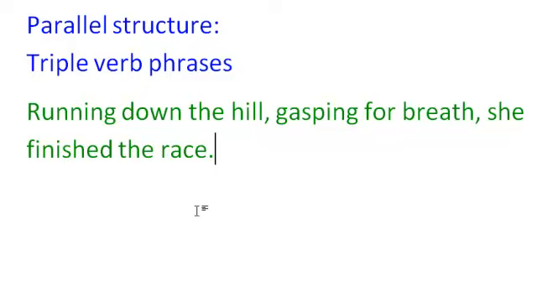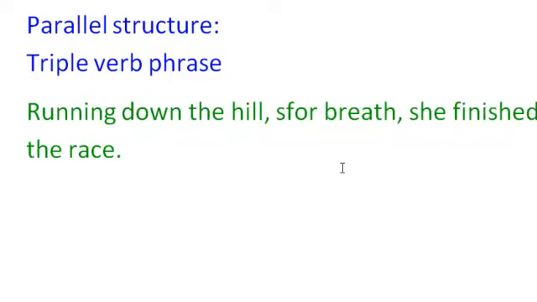Here's our last one that we're going to learn today. This is a form of parallel structure, although there are other ways to use parallel structure. It's called the triple verb phrase. Running down the hill, gasping for breath, she finished the race. So you can see that this verb is an ing verb, and this verb is an ing verb.